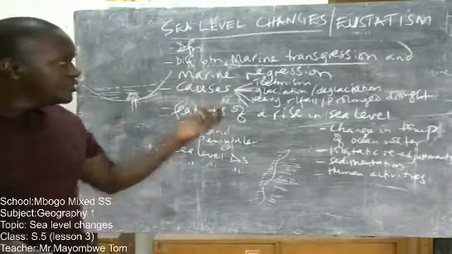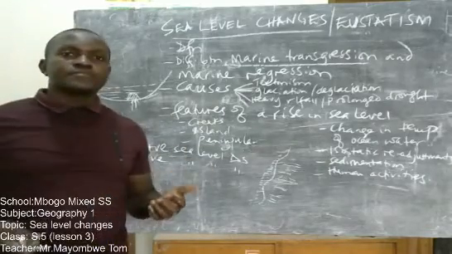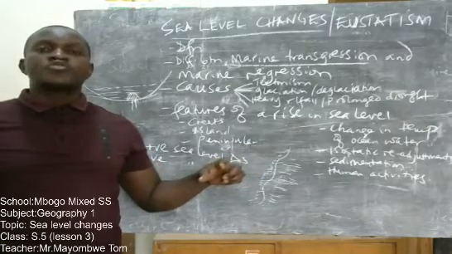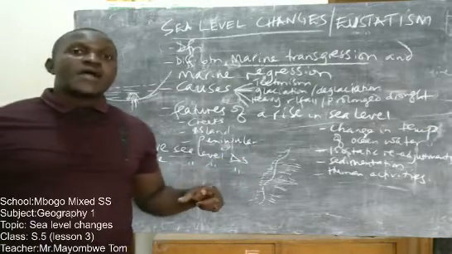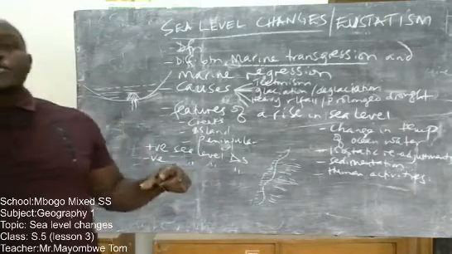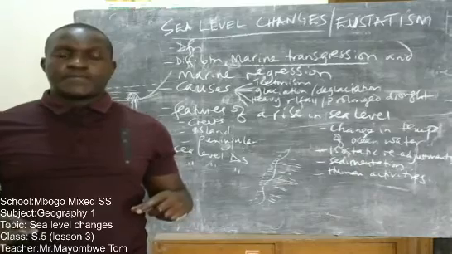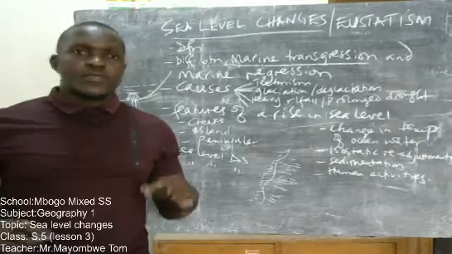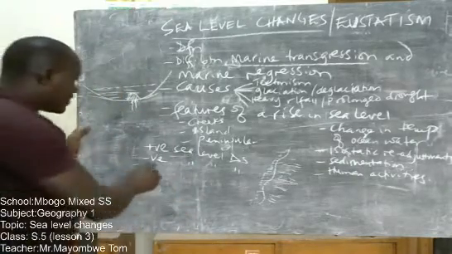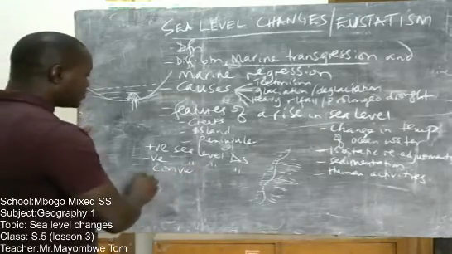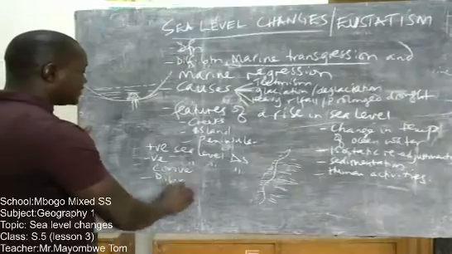Then, still under tectonism, sea level changes may also be caused by the movement of tectonic plates. When we talk about the movement of tectonic plates, here we look at convergence of tectonic plates and then divergence.